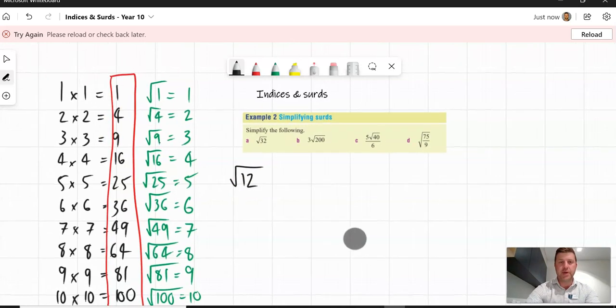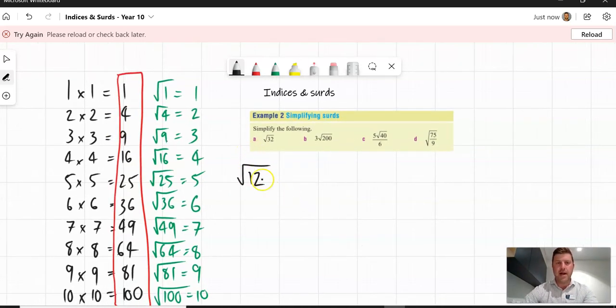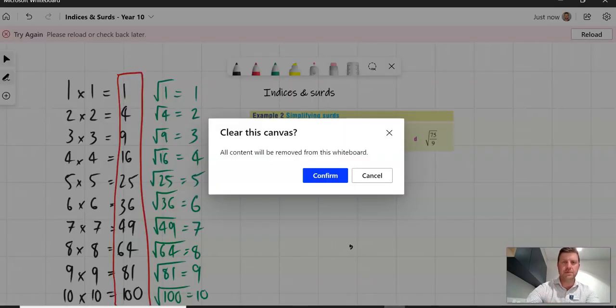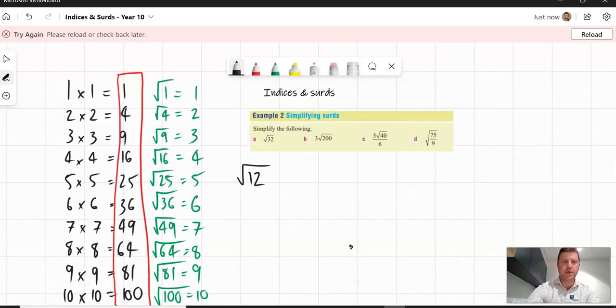So I could write the square root of 12 as the square root of 4 times 3, or the square root of 4 times by the square root of 3.